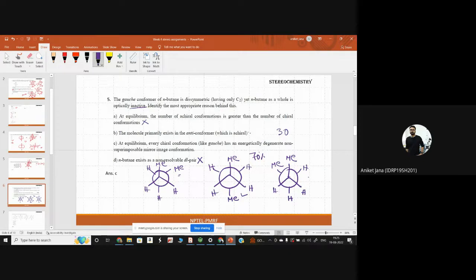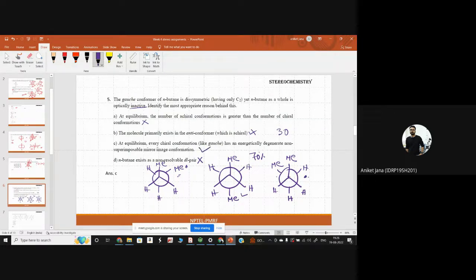So we have to go with option C. You can see that this one is the mirror image of this one. The M gauche and the P gauche are mirror images of each other. So the optical rotation of this molecule is cancelled out by the optical rotation of this molecule. That is why option C is the right answer.